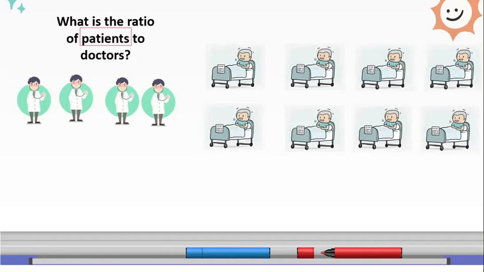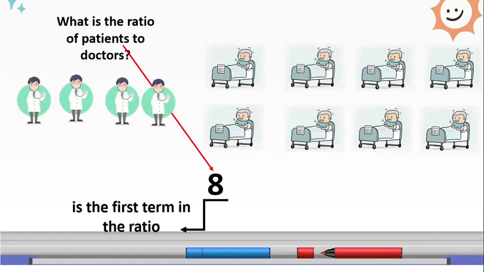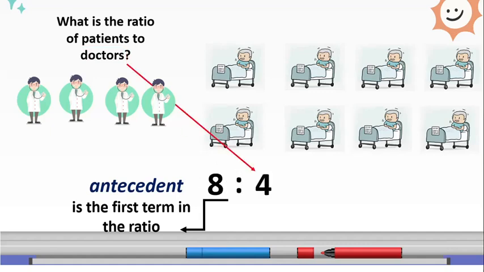So how many patients are there? There are 8 patients. So this is the first term in the ratio. In mathematical term, this is also called antecedent. So let's count the number of doctors. There are 4 doctors.